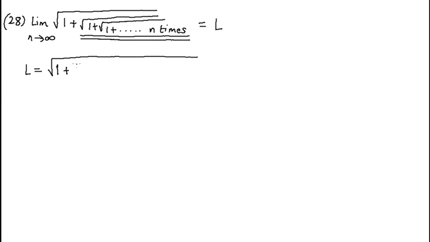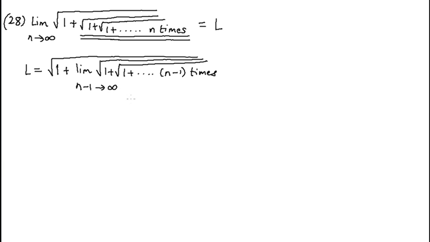And so what we get is limit square root of 1 plus square root of 1 plus and so on n minus 1 times, and of course n minus 1 here tends to infinity.